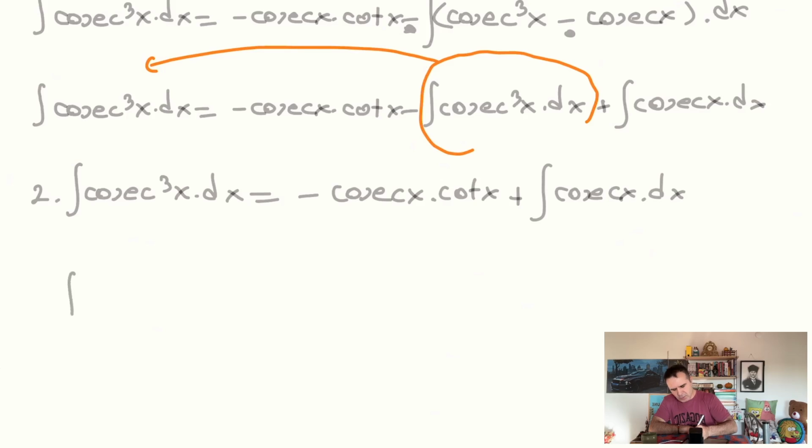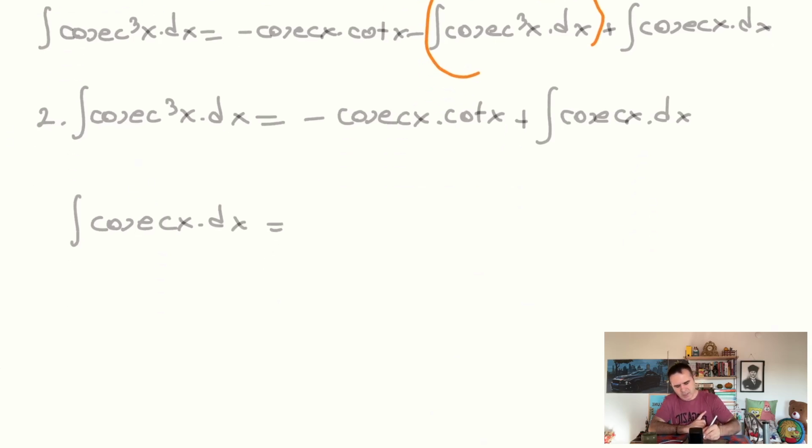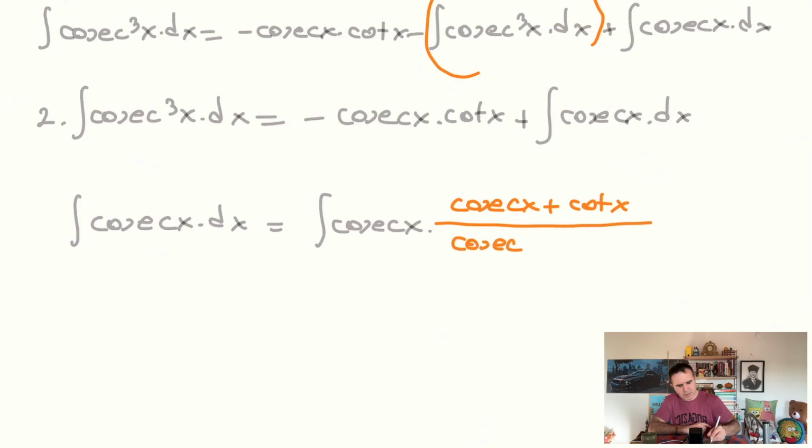Okay, let's solve the integral of cosecant x dx. In order to solve the integral of cosecant x, we need to write it as cosecant x. Let's multiply it by cosecant x plus cotangent x and divide by cosecant x plus cotangent x.